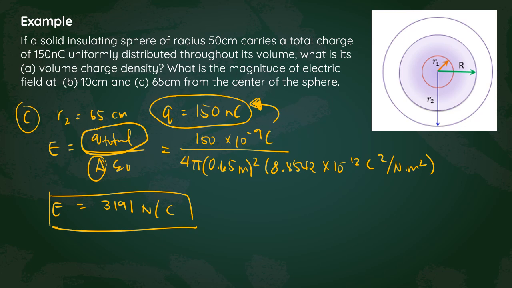But what if it's a conducting sphere? If it's a conducting sphere, the 150 nanocoulombs of charge will be concentrated at the surface of the sphere, which will make calculating for volume charge density nonsense, because the sphere does not have charges in its entire volume, but instead only has charges on the surface in the case of conducting spheres.